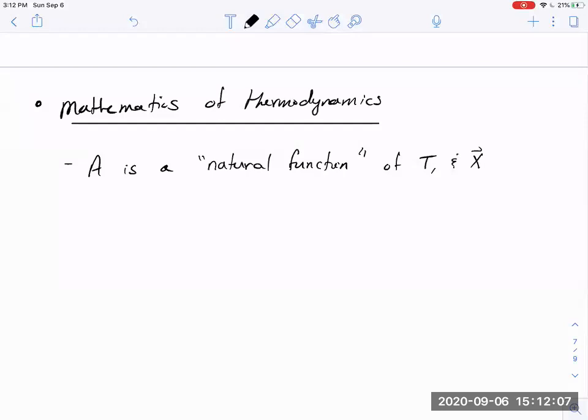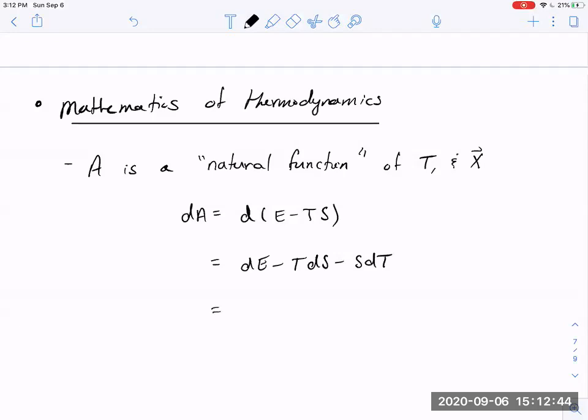What we mean by natural function is that differential changes in the Helmholtz free energy, defined as differential changes in E minus TS, in general, if all of those quantities can change, will be equal to dE minus T dS minus S dT.